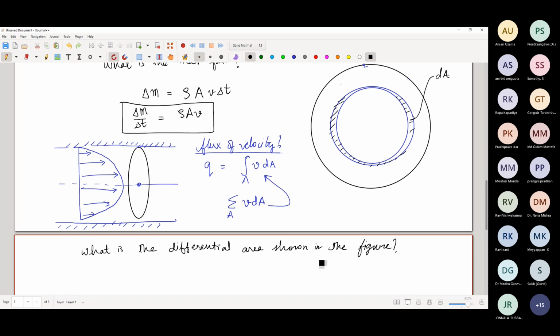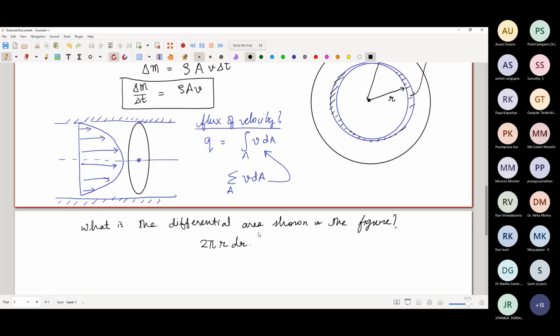It's a circle, and let's say that the radius of this circle is capital R, and this ring, this annulus that we have, has some radius small r. So how do you find the differential area? 2 pi r into dr. And we can verify that this is correct.